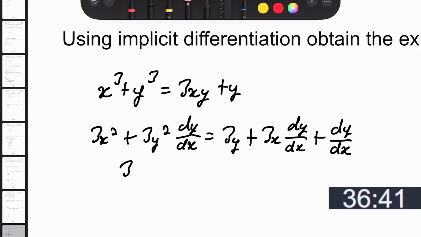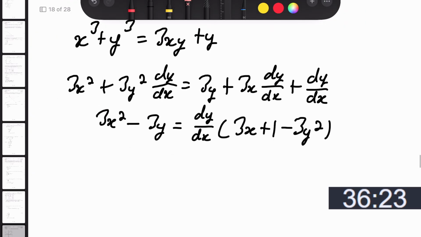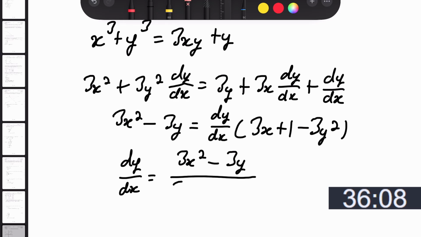So this will be 3x² - 3y is going to equal, I'll say, dy/dx (3x + 1 - 3y²). So dy/dx is going to equal (3x² - 3y) on (3x + 1 - 3y²).